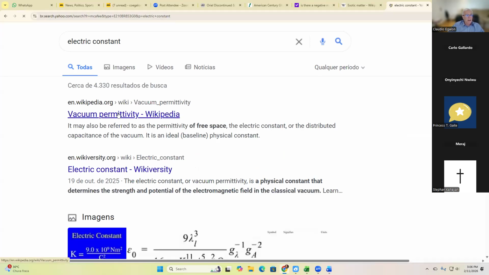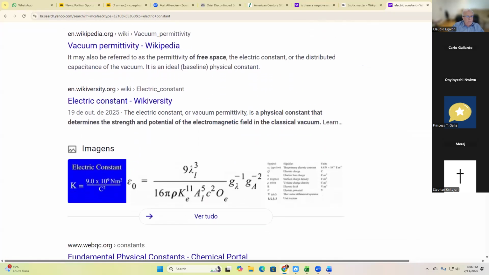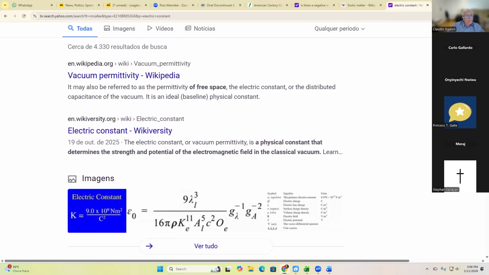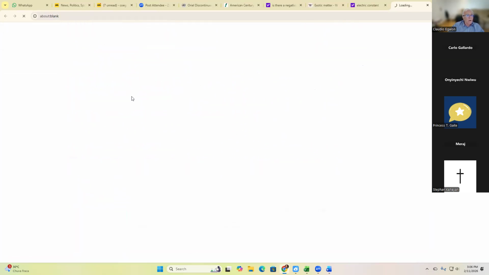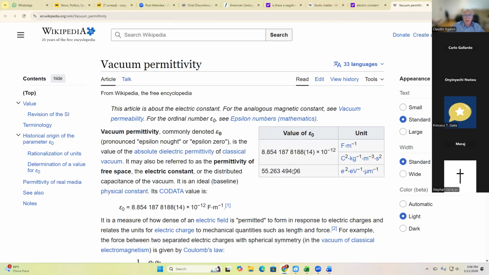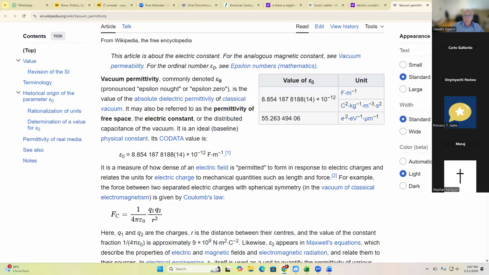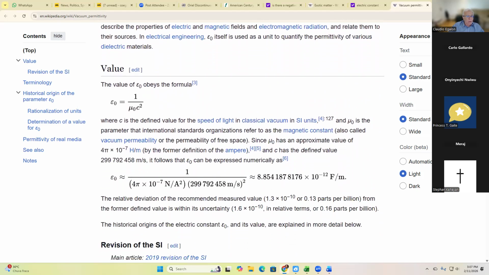Vacuum permittivity, no, it's not vacuum permittivity. Vacuum permittivity is the inverse of the other one. Epsilon naught is related to K, okay, folks?